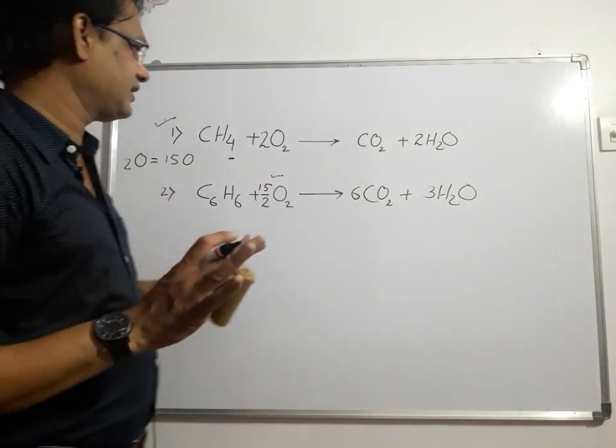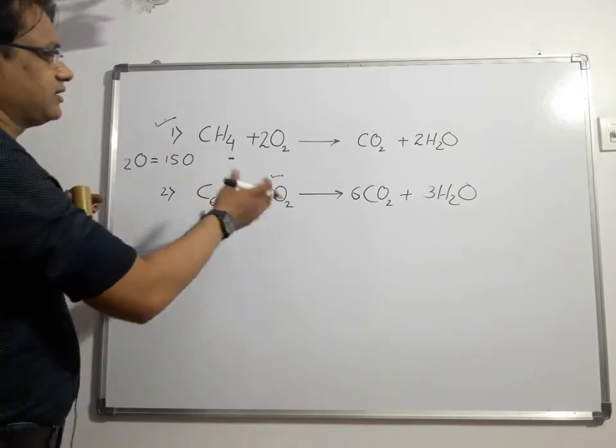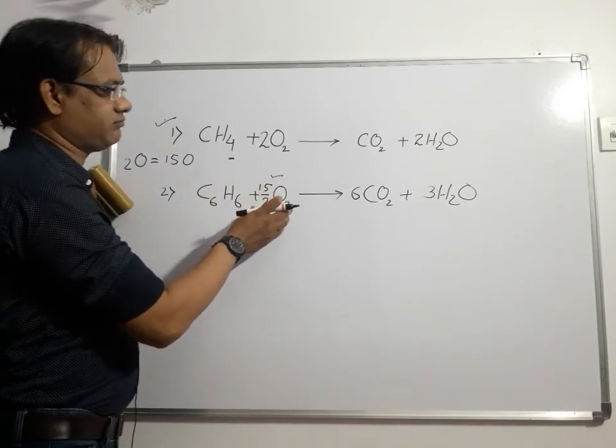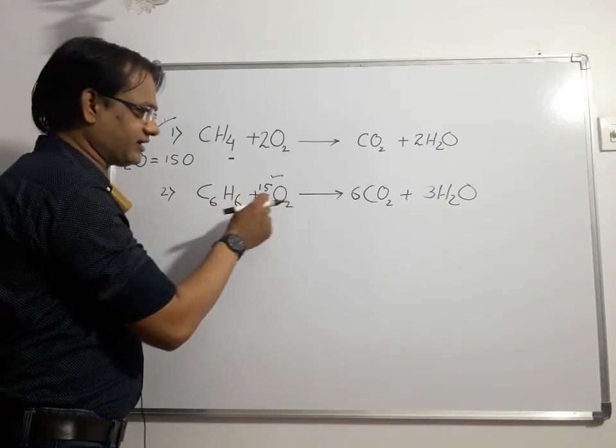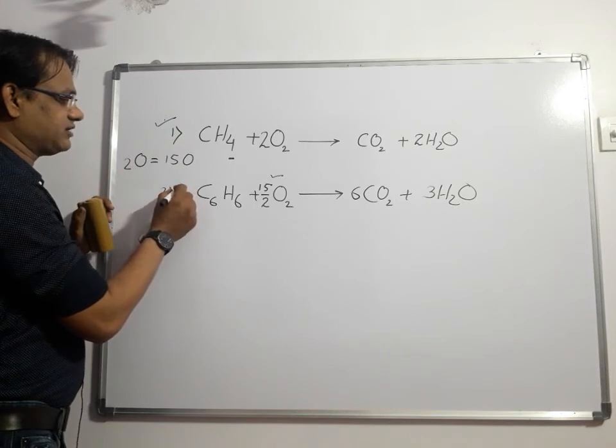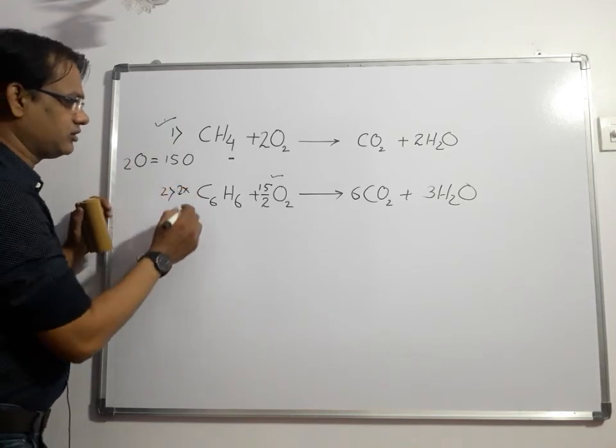But in a chemical equation, we don't write the element or atom in a fractional form. So what we'll do, we will multiply this equation by 2. So when I multiply this equation by 2, what will I get?